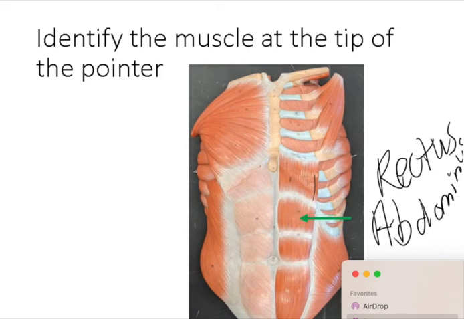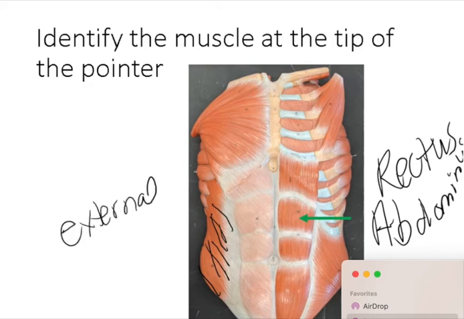We also had two layers of oblique muscles. Oblique meaning that the fibers are going diagonally. So this side over here is called the superficial side. These are the external obliques.